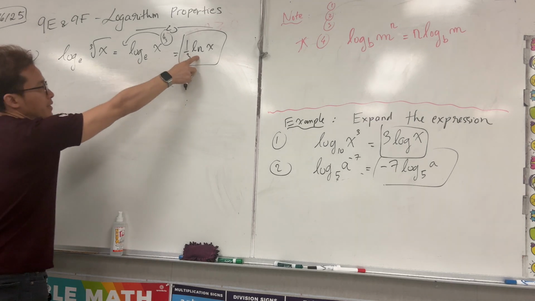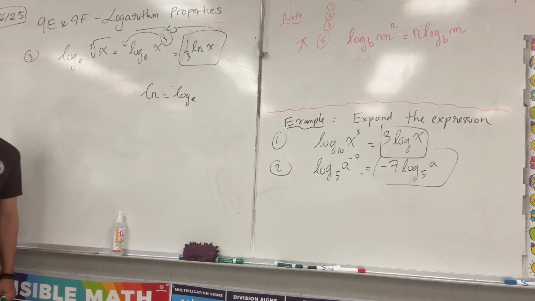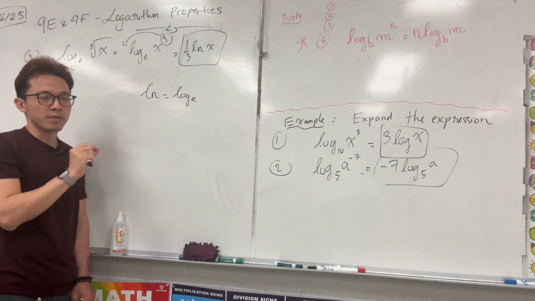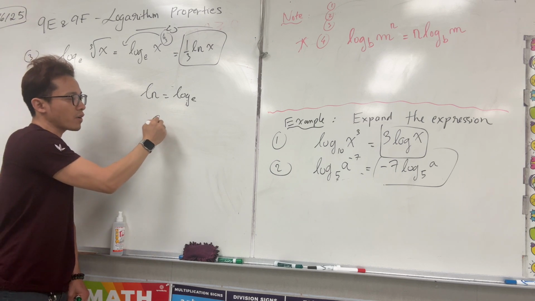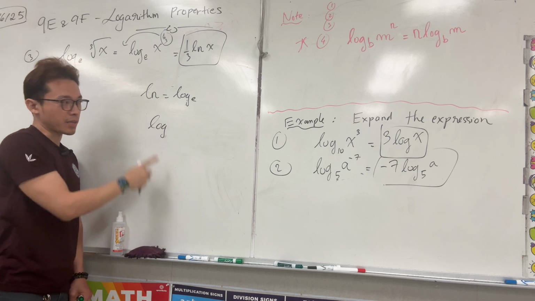Yes, so ln is log base e. It's just a short way to write it. In the calculator, you will see the word ln, because the old calculators don't let you change the base. They always use base 10 because they always have log.